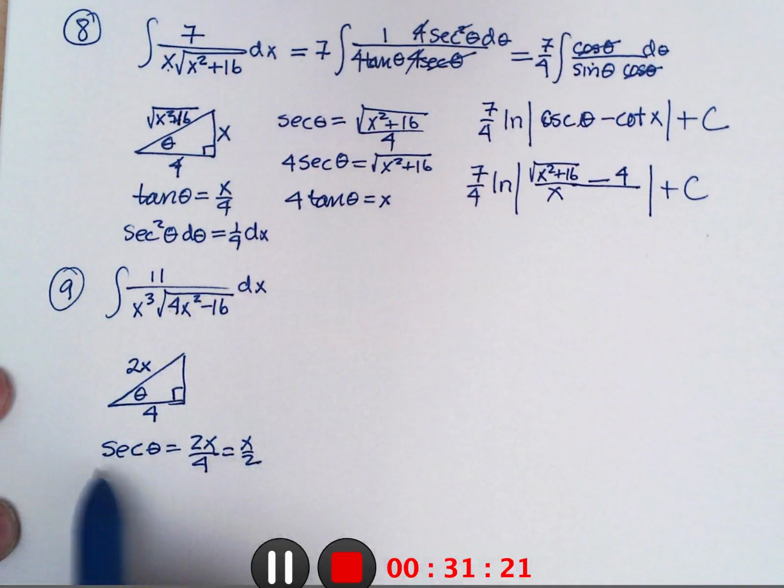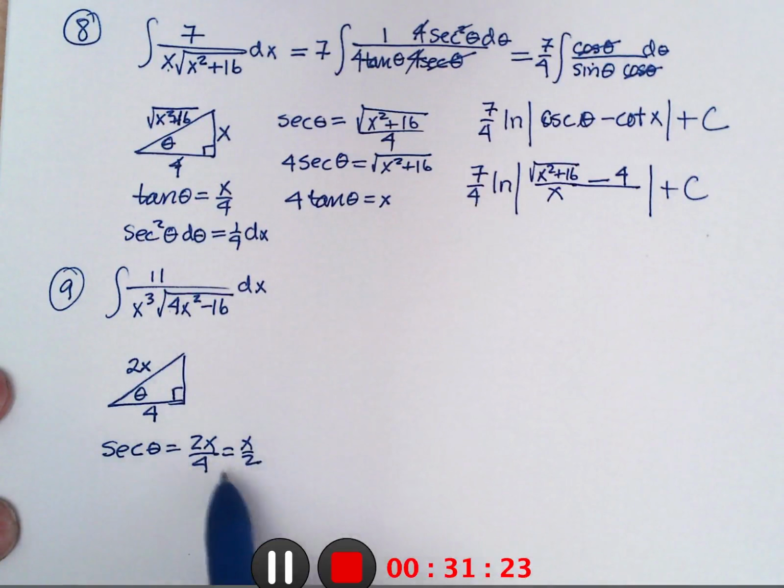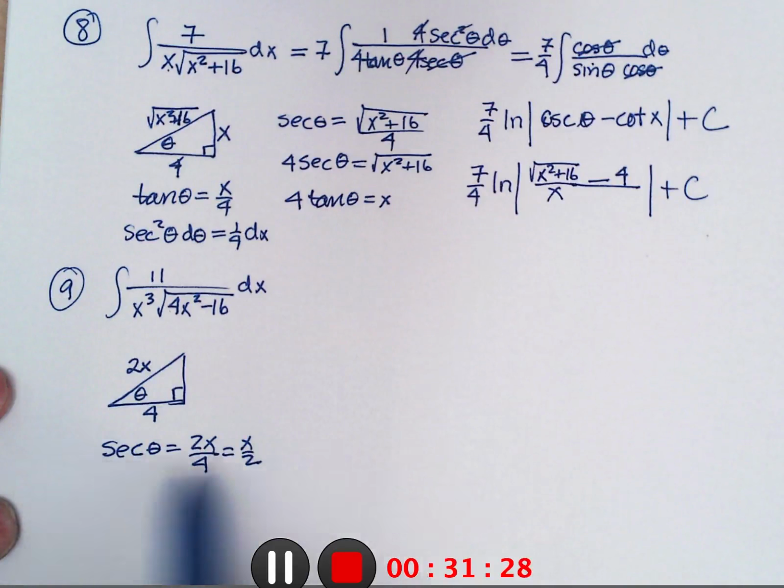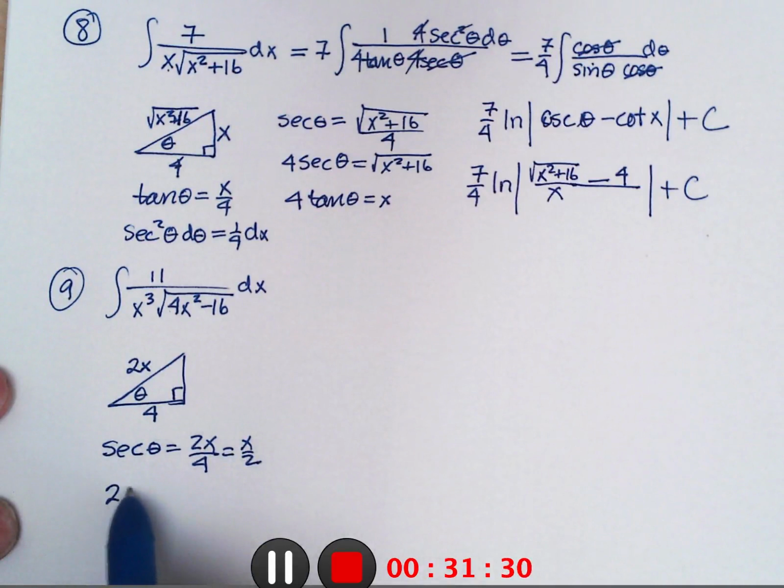And so we can now multiply by 2, we get 2 secant theta equals x.